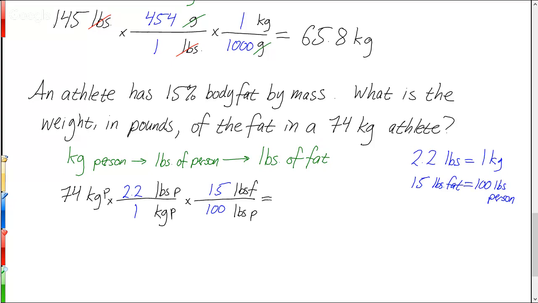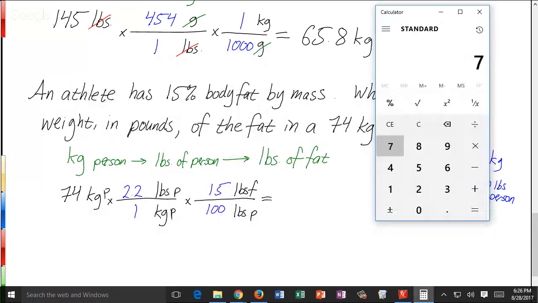So that's how I've got it set up. Calculate it here. We're going to multiply by everything on top, divide by everything on the bottom. So times 2.2 times 15 divided by 100. We get about 24 pounds.